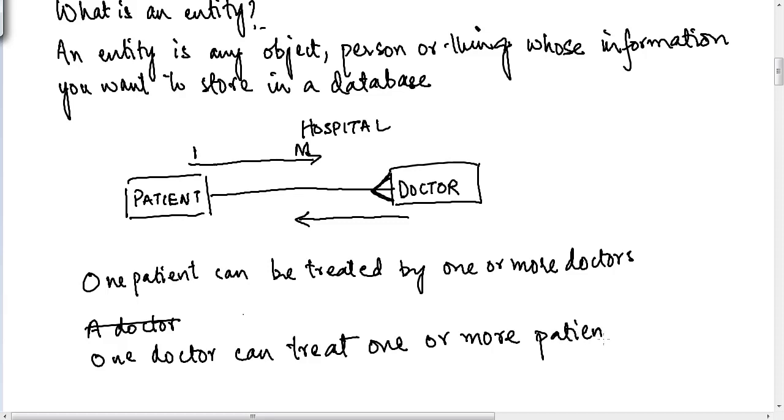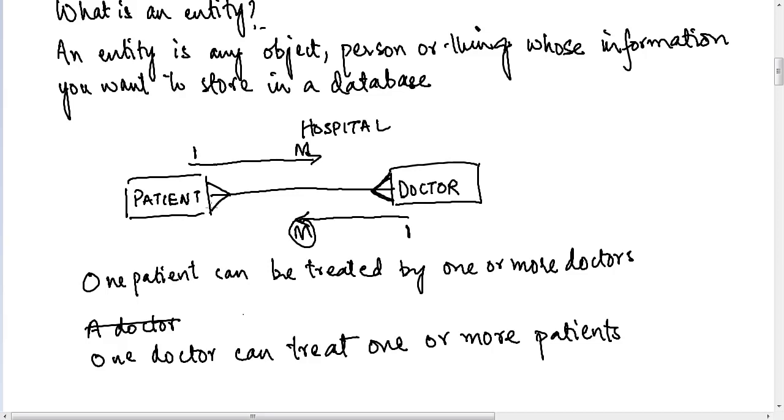So this is what we are saying, that one doctor can treat one or more patients, which means one doctor can treat many patients, right? And once again, the many part can be indicated on the diagram using this symbol, right?